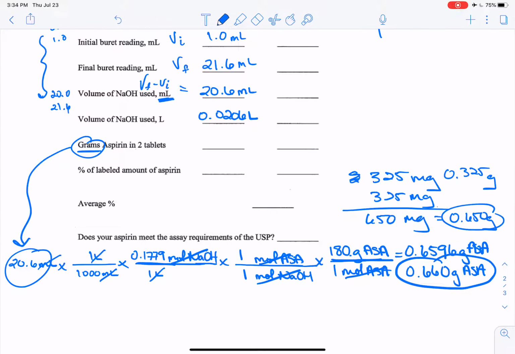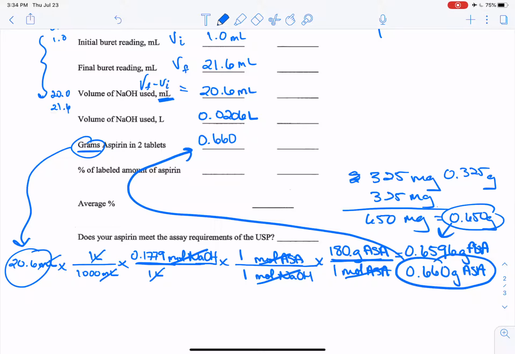And 0.650 grams is very close to 0.660 grams. So yay, we're pretty close. But anyways, this is the number that goes right here. 0.660 grams of acetylsalicylic acid.